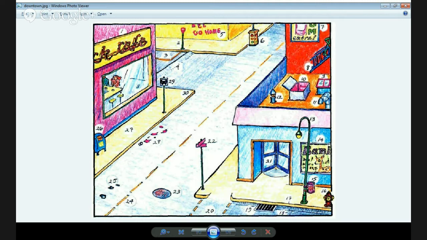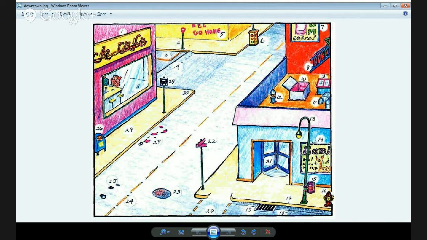The neon sign is above the cafe's window. Above the cafe window. And now you just have to say the direction words. On the corner of the street. That's it, on the corner of the street. And I wrote it for you as well.